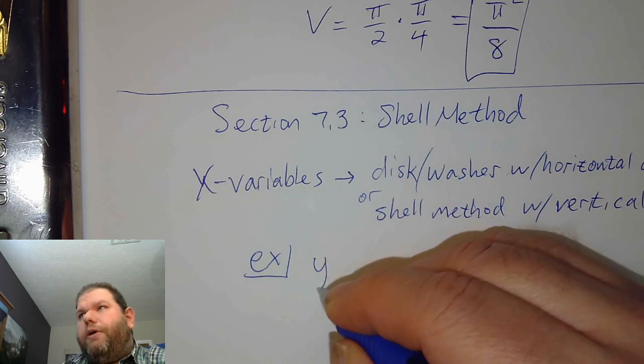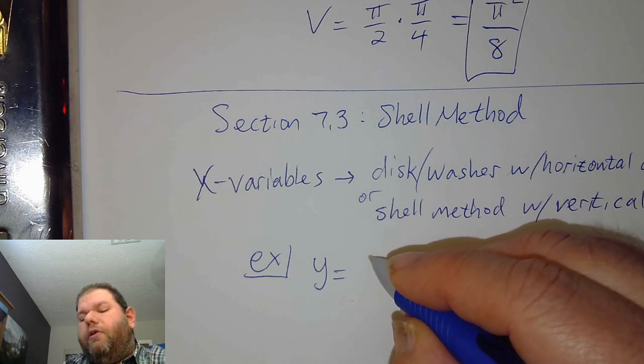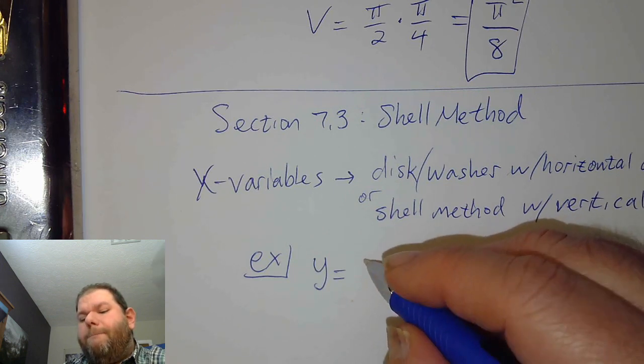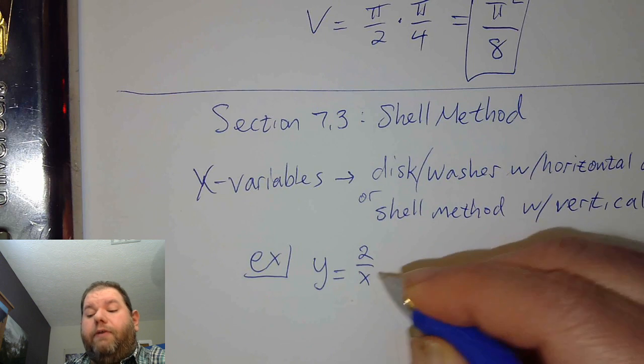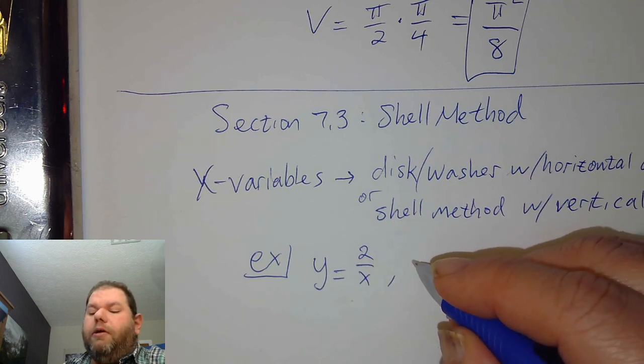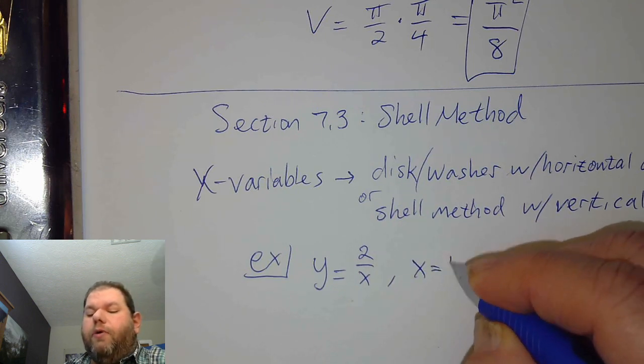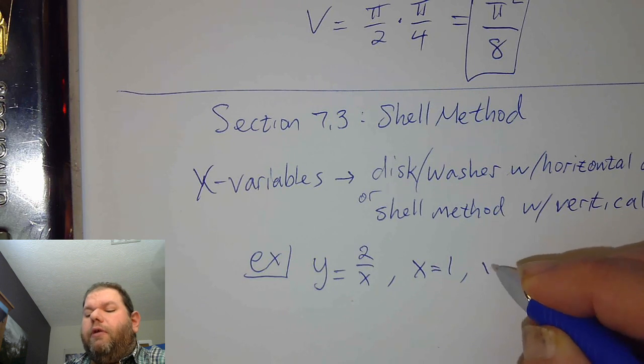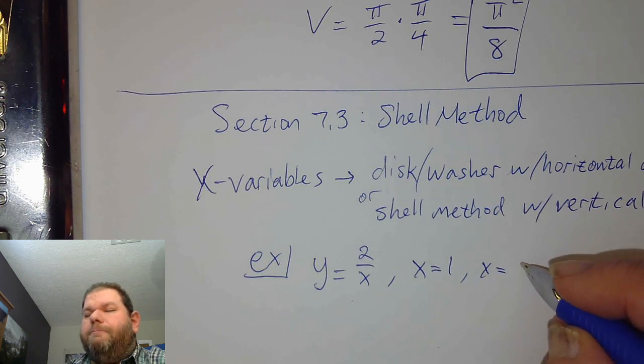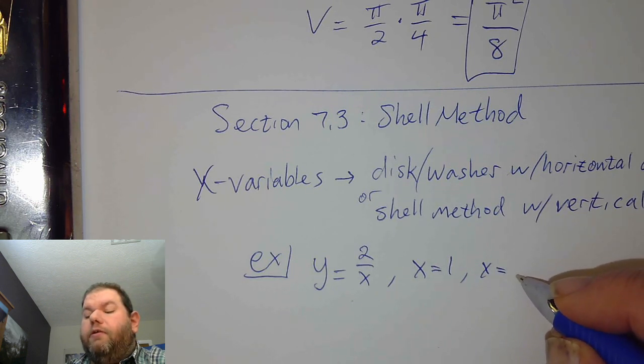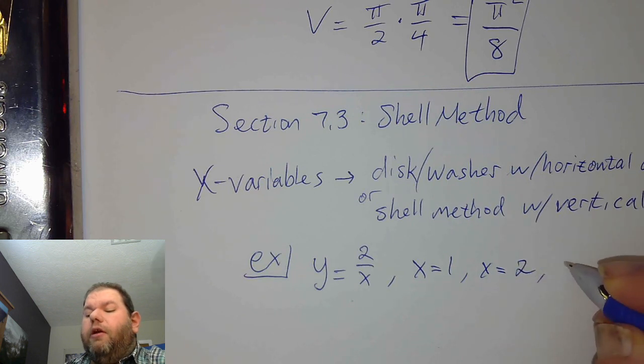Let's say y equals 2 over x from x equals 1 to x equals 2, and we also have a boundary of y equals 0, and it's going about the y-axis.